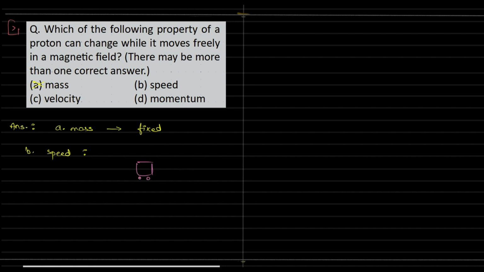Say this is a toy car and I'm pushing my nieces or nephew around. I have to push harder, then it will speed up. So basically, force is a factor in speeding up. And what did we see? A proton, or any moving charge, will experience a force when exposed to a magnetic field.